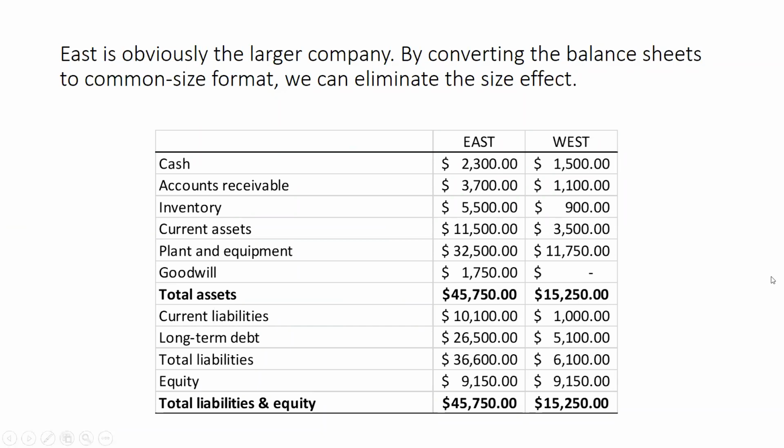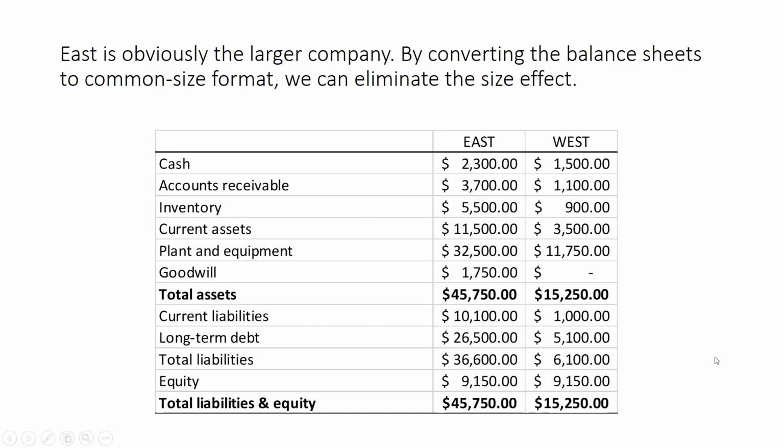We can see that the balance sheets of East and West differ in terms of size. East seems to have higher total assets in contrast to West. Why do we need to make the common size statement? First of all, to make a standard analysis to understand what's going on with the firm.